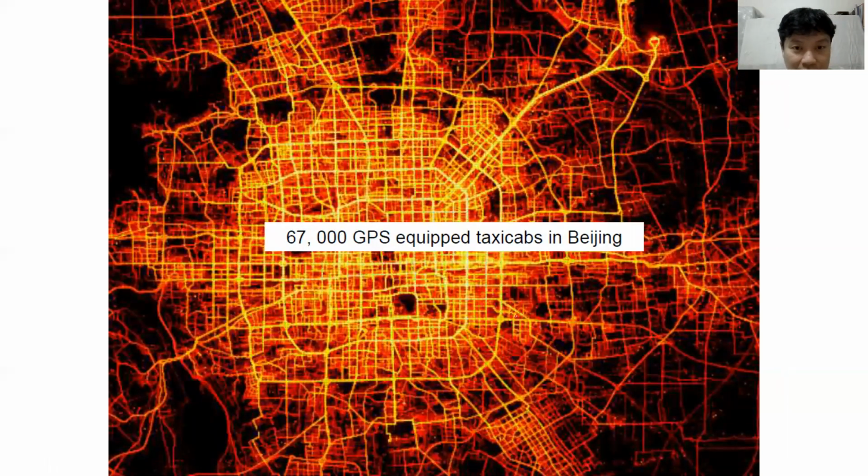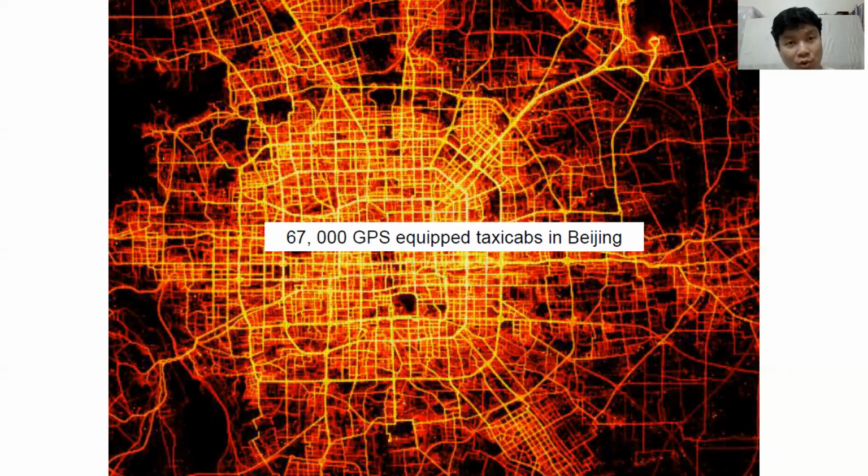Now, let's say in the first example, you see a very simple route from house to school. But this data is about the GPS data equipped in taxi cabs in Beijing. There are 67,000 GPS and it is very diverse.